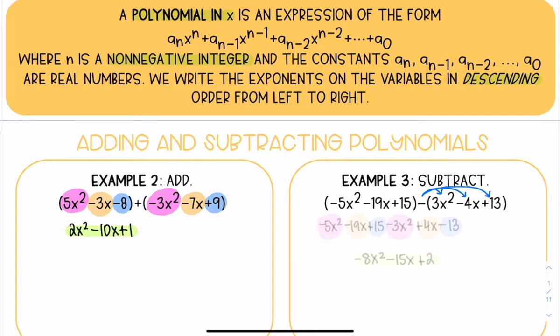Once we've done this, it just becomes a combination of like terms, just like with addition. So your first polynomial is going to stay exactly the same. You can just drop the parentheses. And then in the second one, we're going to change the signs of everything. So minus 3x squared plus 4x minus 13.